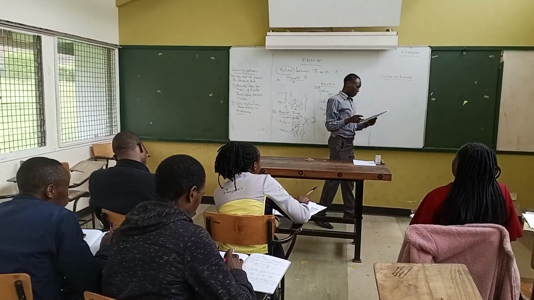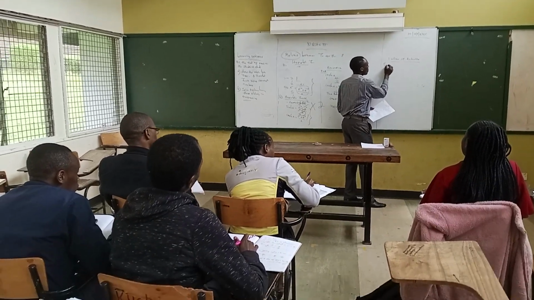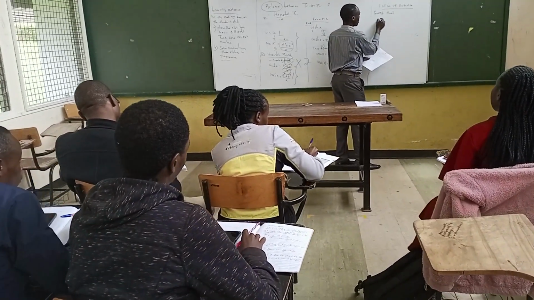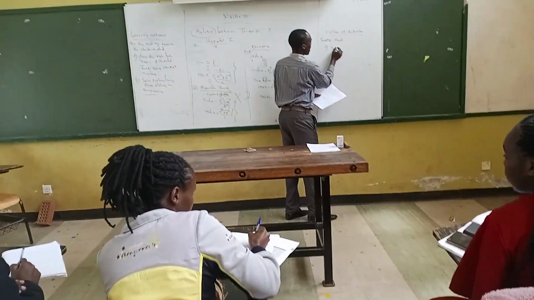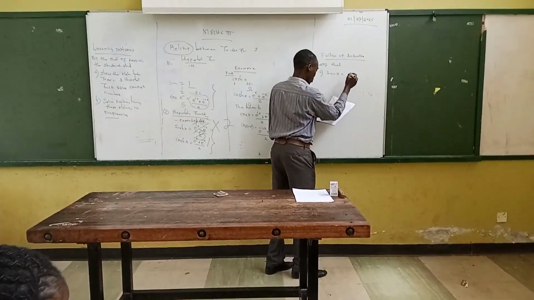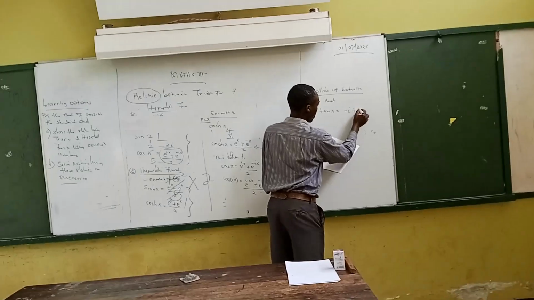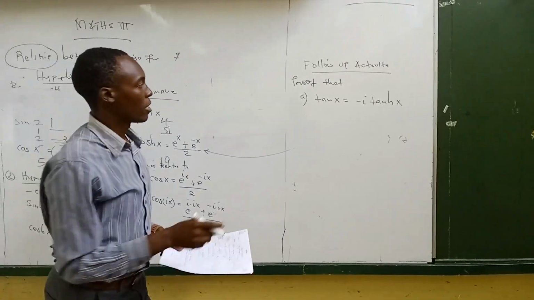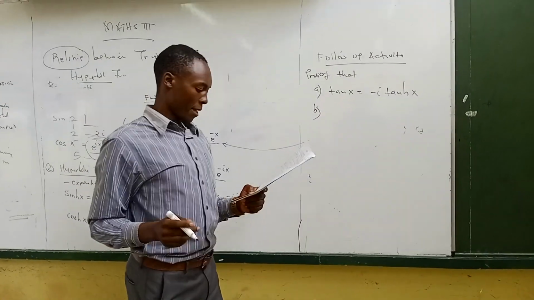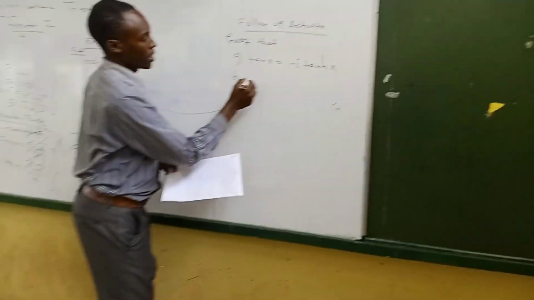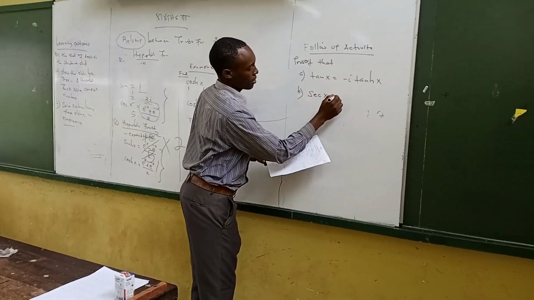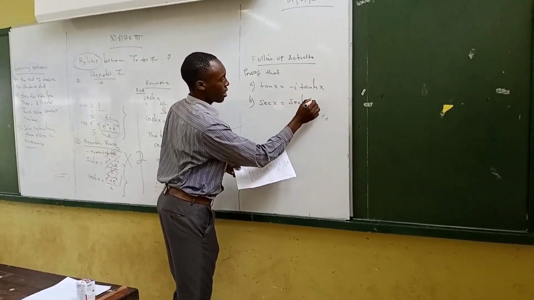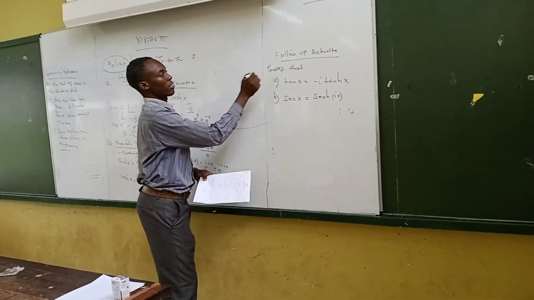Follow-up activities. Number 1, let's prove that tan x equals negative i tanh of x, the hyperbolic tangent of x. Then we have B. You can prove that sec x equals sec ix.